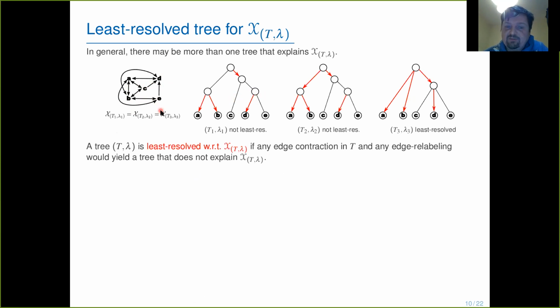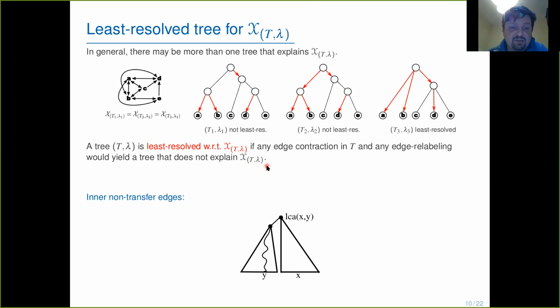Now, when is a tree least resolved? A tree is least resolved if any edge contraction in this tree, together with any relabeling, would yield a tree that does not explain our given relation anymore. Now, we cannot contract edges and find a new labeling such that the resulting tree still explains our given relation.